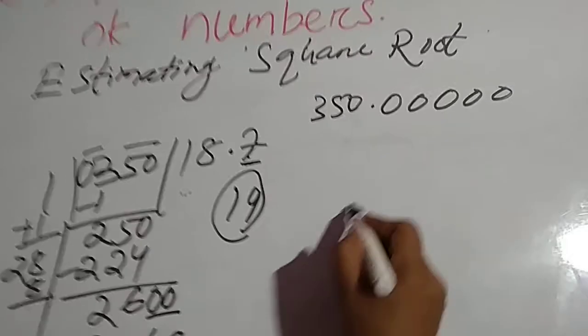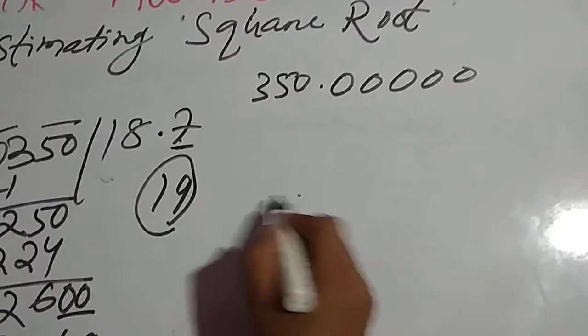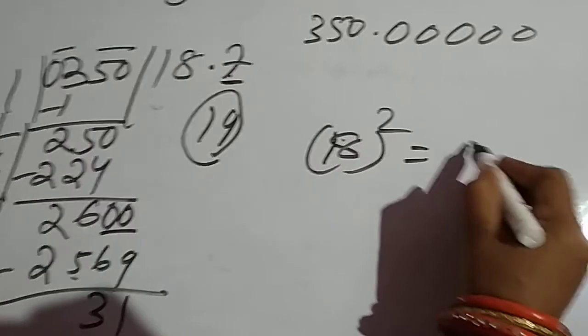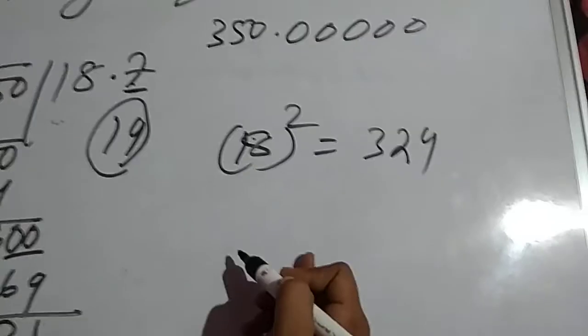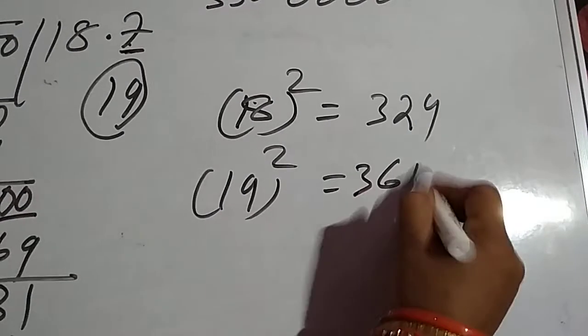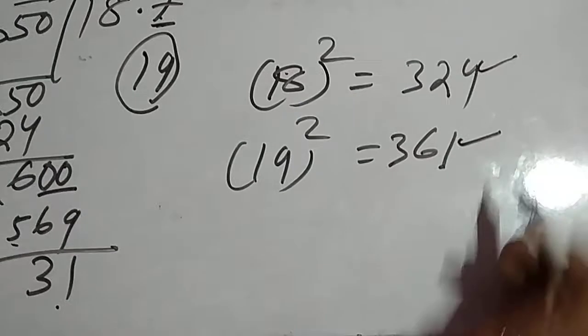So means 350 is nearer to, suppose 18 square, we know that 18 square equal to 324. Okay. And 19 square equal to 361. So 350 is nearer to this number or this number.